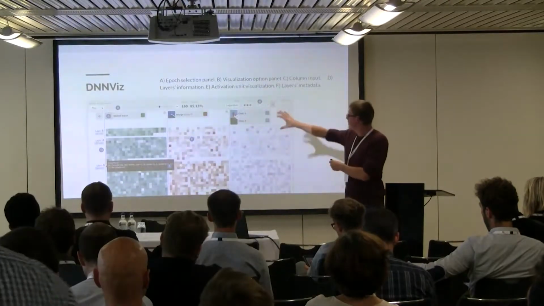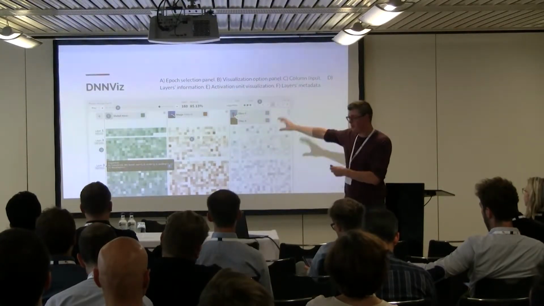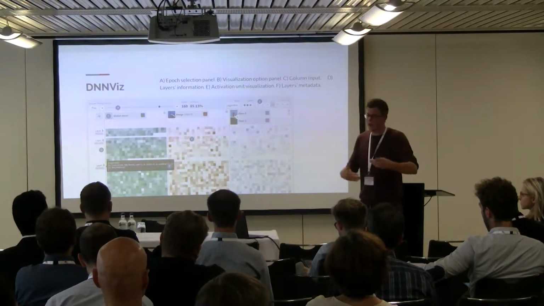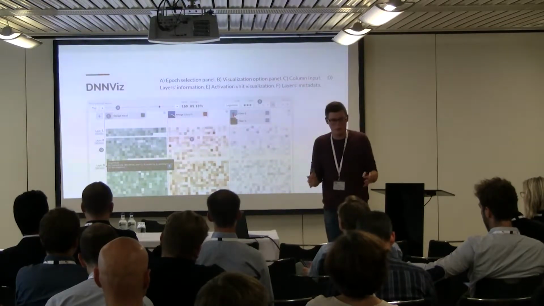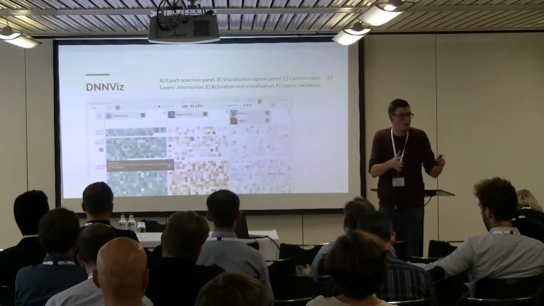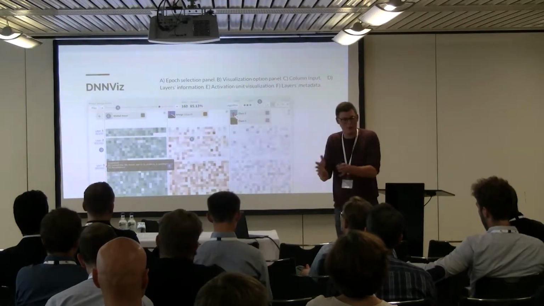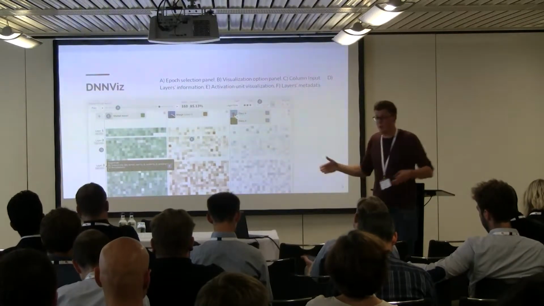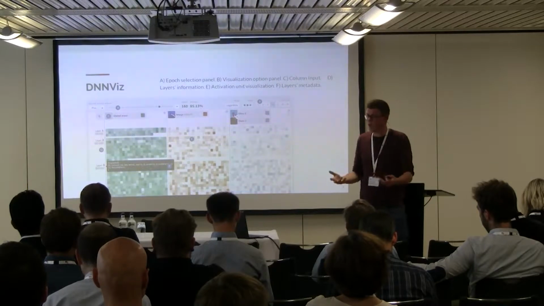On the top there is the epoch manager. You can select specifically one given epoch. During the training we make a snapshot when you want, for example every 10 epochs. You can browse through that, and you can also play the sequence and see how the network evolves.